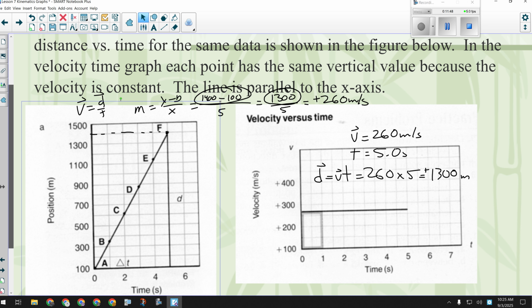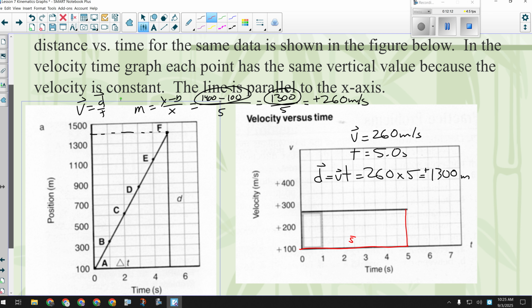Now, here's a little trick you probably picked up in Science 10. I just calculated the displacement of the object from my velocity versus time graph, and I took the time, 5 seconds, and multiplied it by the velocity, 260.